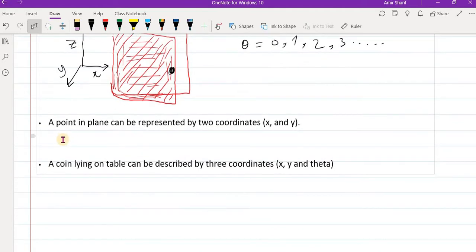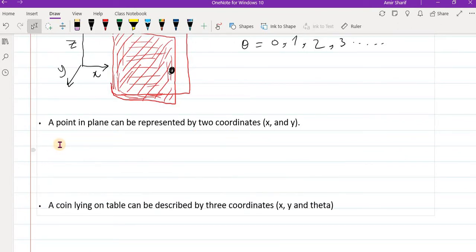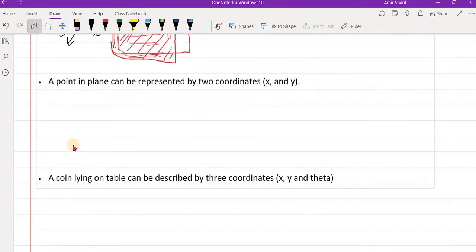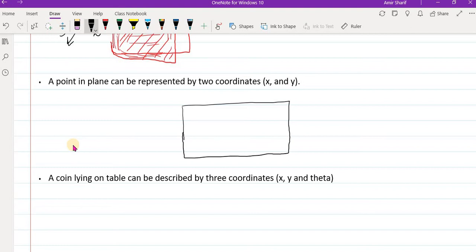Now another example: a point in a plane can be represented by two coordinates x and y. When we have a point in a plane, how can we describe its configuration? This is our 2D plane, this is the x-axis and this is the y-axis, and the point is, let's say, located here.